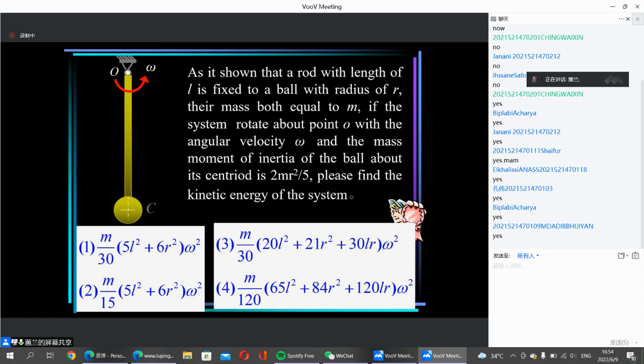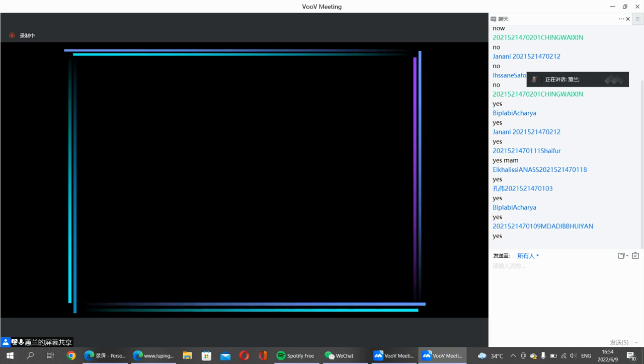For this example, we know this system is doing rotation. So to calculate its kinetic energy, we need to find the mass moment of inertia about the rotation center. And to calculate that, we need to use the parallel axis theorem.